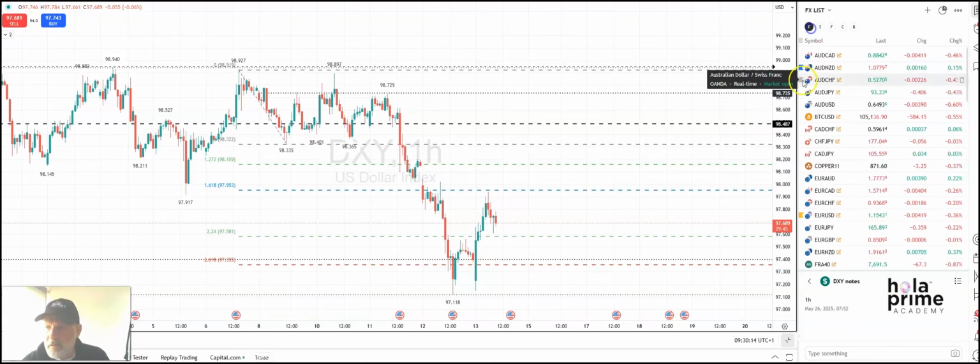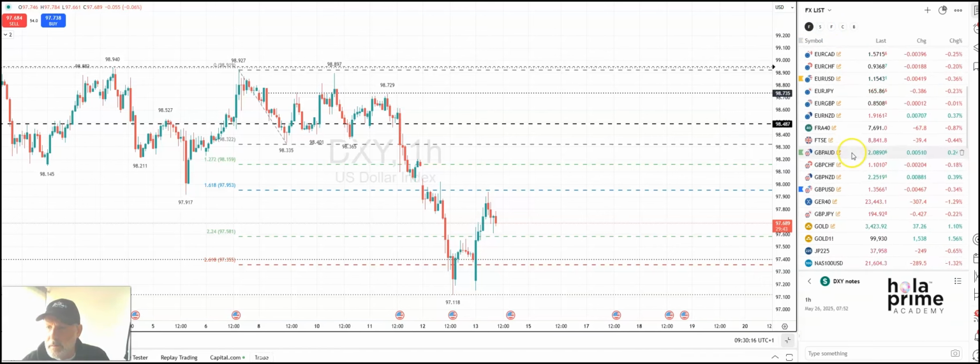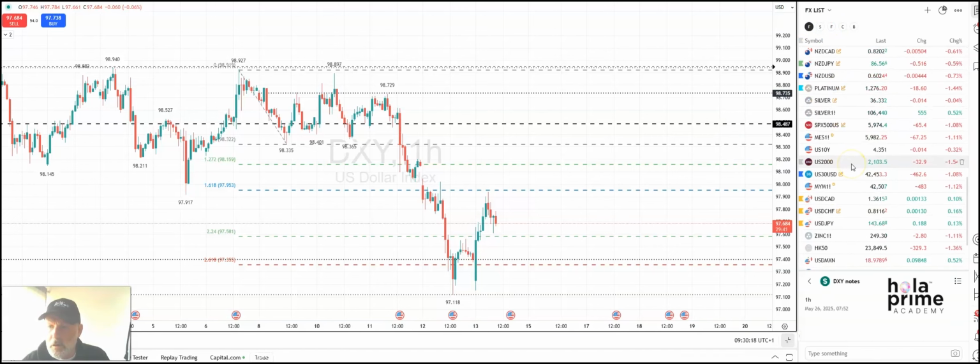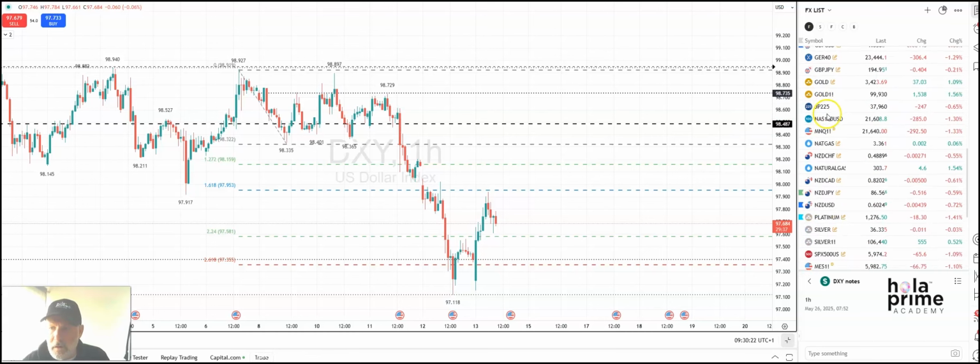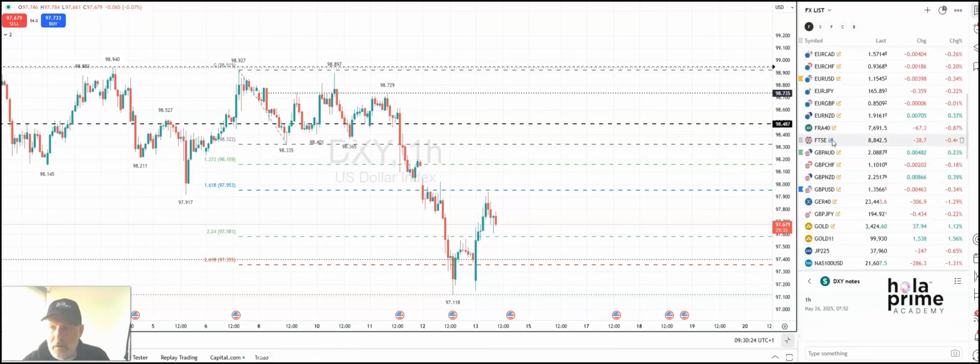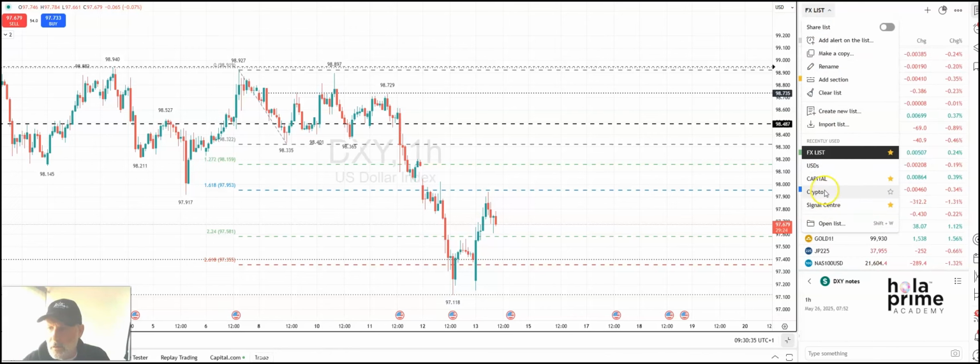So if you look at the big picture, and I look at quite a lot of products, then you can see which ones I've got amber lights on. If it's a light blue light, then it's getting close to a support level. If it's a green light, then it's obviously hit target. Let's go back to the dollar products.